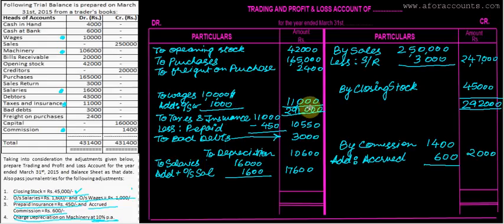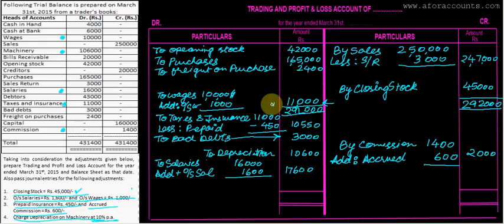So what is our gross profit over here? From 292 subtract 42, 165, 2,400 and 11,000. Actually your gross profit should have been written here as to gross profit carried down.